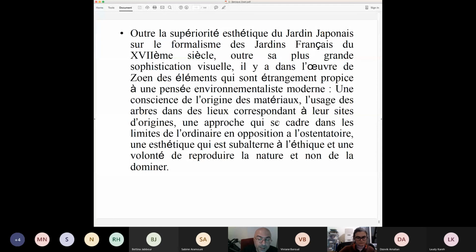Because they are able to account for the far greater complexity of nature. The French garden takes the enormous complexity of nature. And we know the geometric complexity of nature is amazing. You take a tree, any tree, its geometry is amazing.